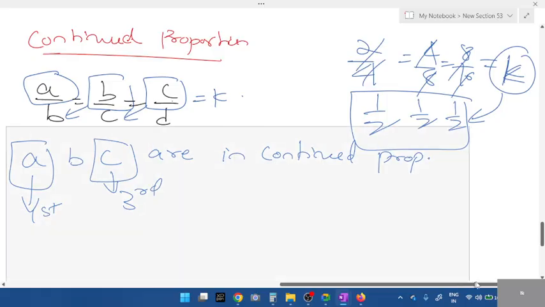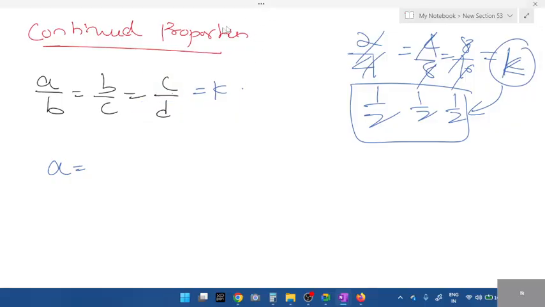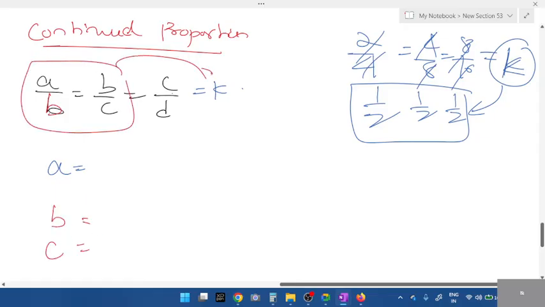Now these are the concepts in this case, students. Now the formula for K. In order to find a value, if I want to find A, B and C values, I'll take these two values and K along with that.